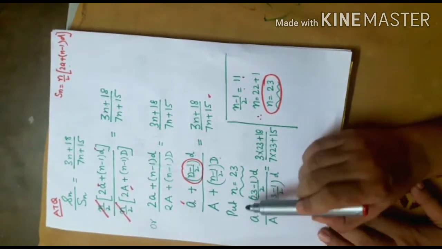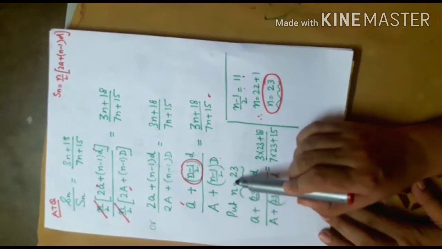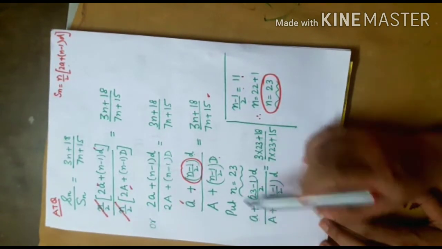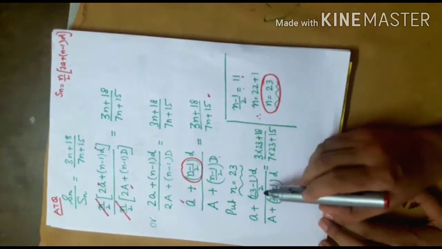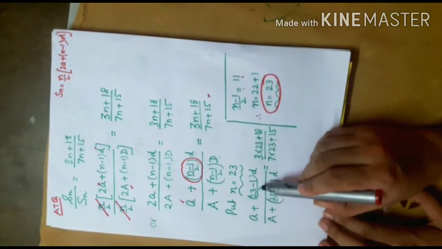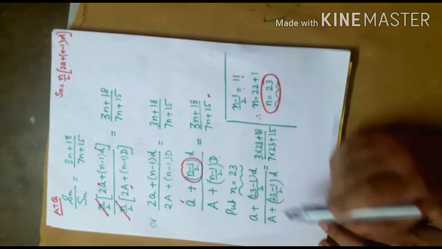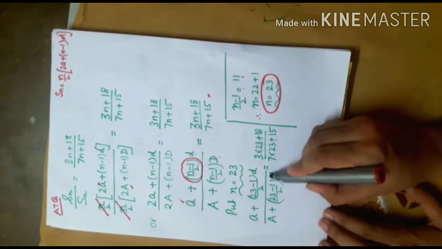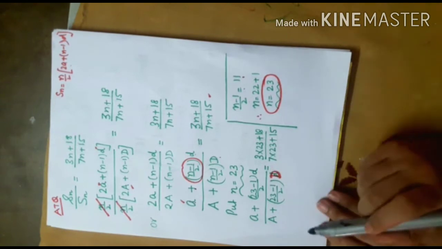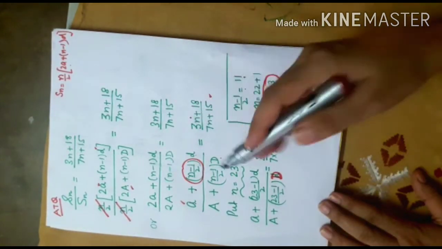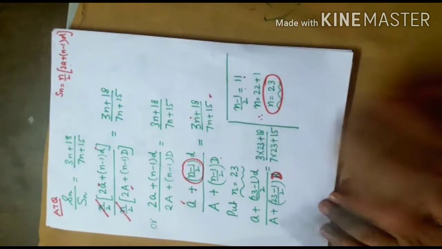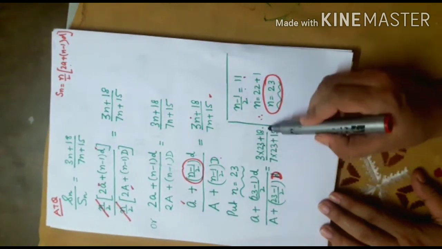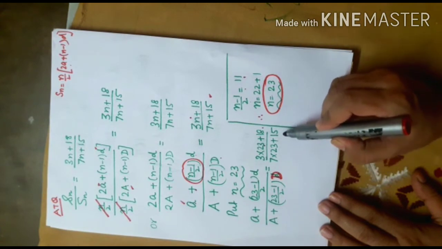So I'll put n equals 23. On the left hand side, I'll get a plus 23 minus 1 over 2 into d divided by capital A plus 23 minus 1 over 2 into capital D, which equals, on the right hand side replacing n with 23, 3 into 23 plus 18 over 7 into 23 plus 15.